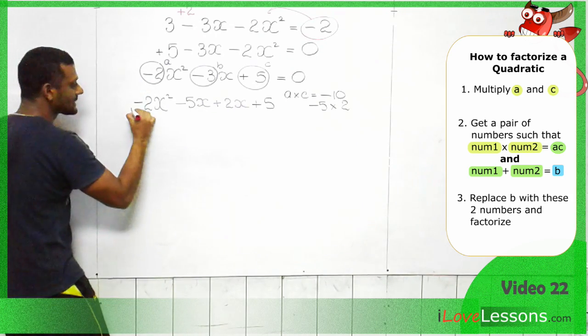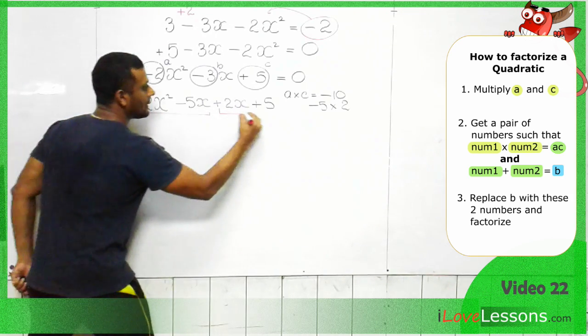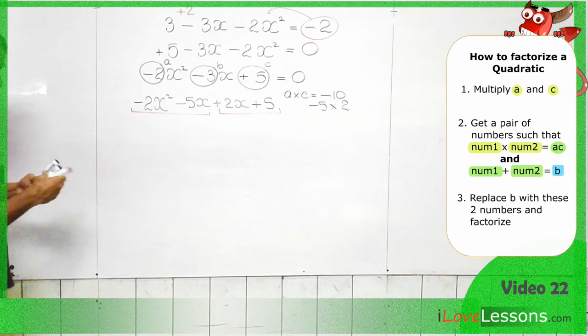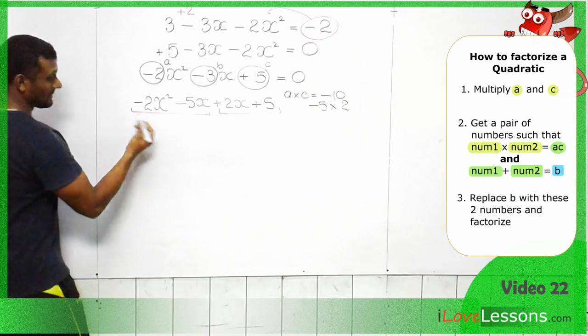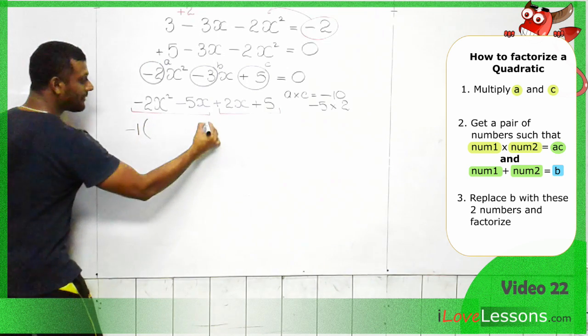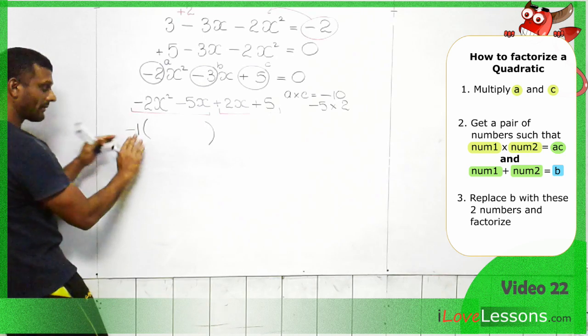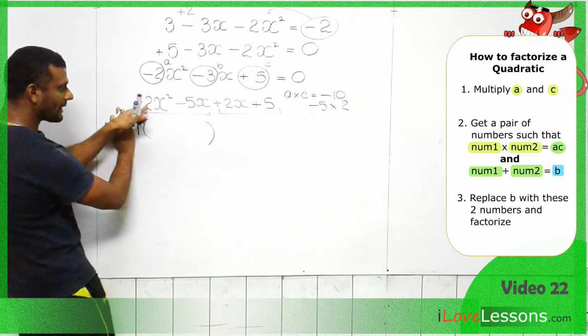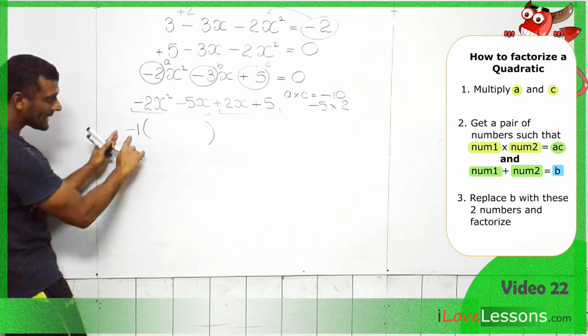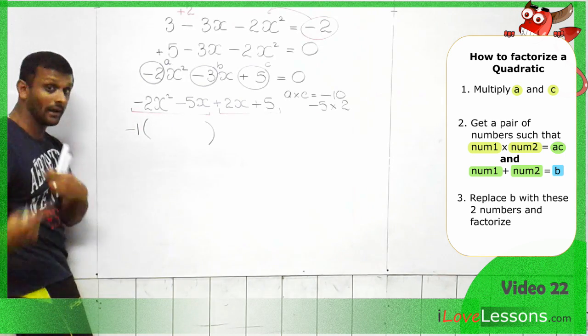Let's factorize this quickly. From the first one, what we can pull out here is minus 1. If we were to pull out minus 1, remember, if we're dividing by 1, our values will not change. But since we're dividing by minus 1, our signs will become the opposite.